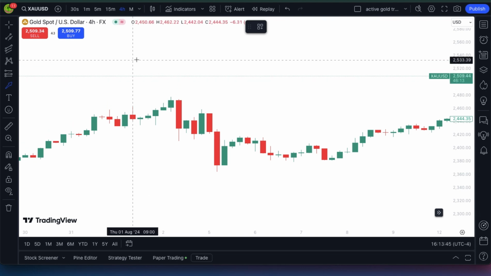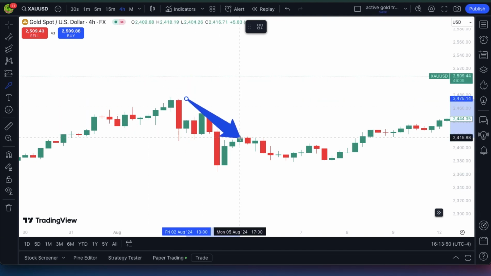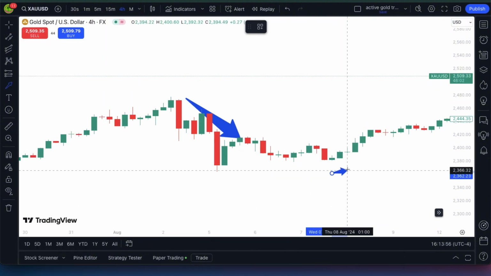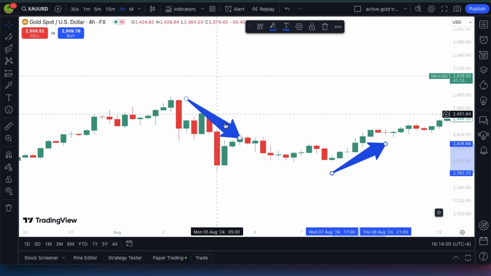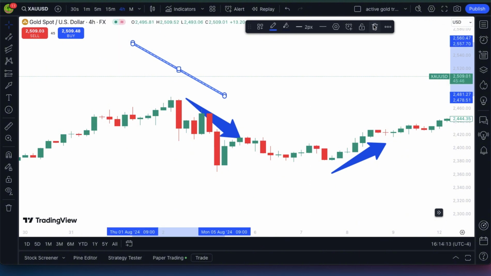So sellers means the market is going down, and buyers means the market is going up. Bearish is down and bullish is up.